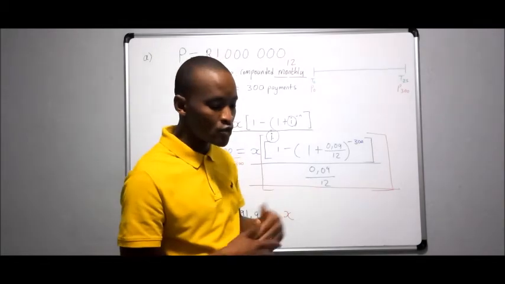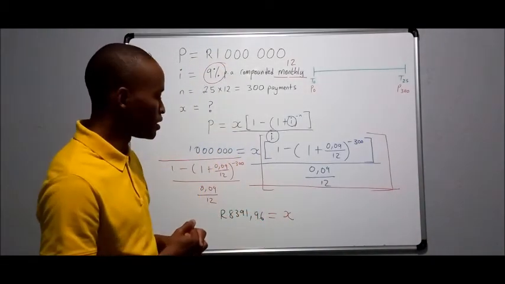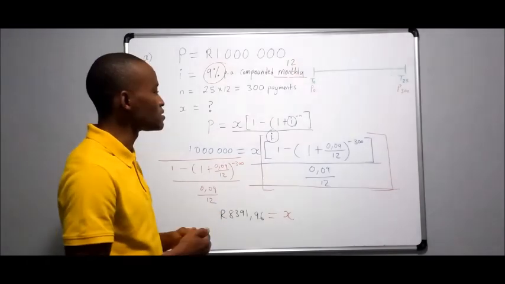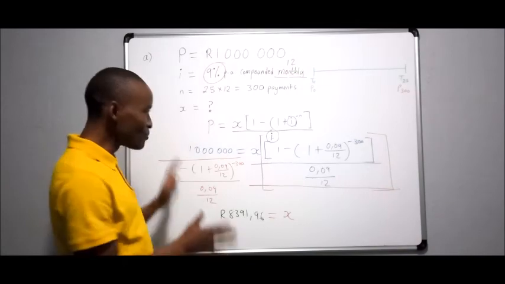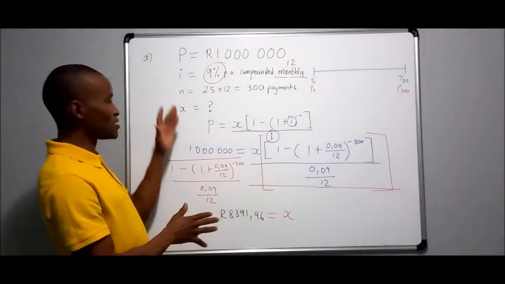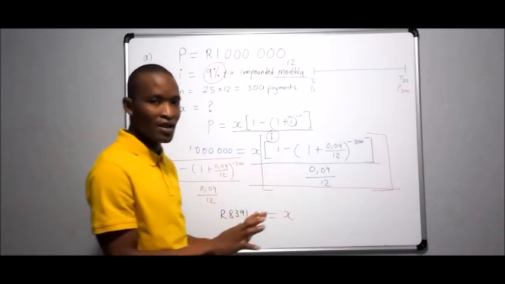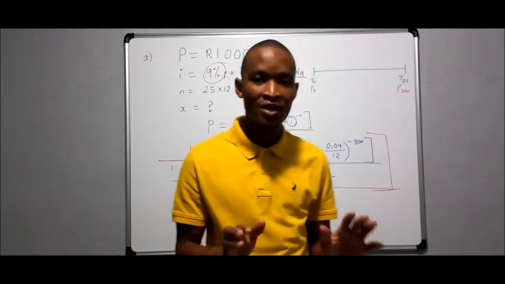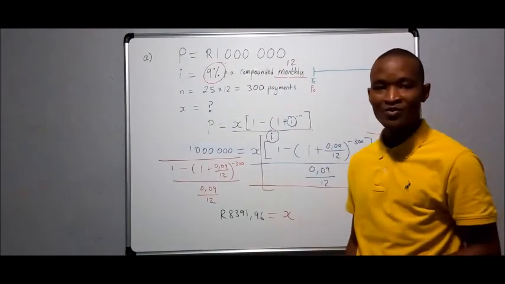It's quite an interesting and fascinating topic to discuss in maths. For now, I'm going to leave it here. I believe this was straightforward. It was basically substitution into the formula, doing careful mathematics and careful calculator work to arrive at our answer of our monthly installments.